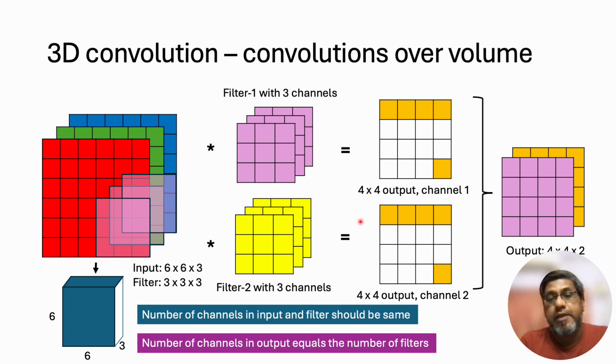However, for the sake of illustration, I've shown only 2 filters and therefore only 2 channels in the output. But in practice, the number of channels in the output is usually more than the number of channels in the input. That means the number of filters that we use will usually be more than the number of channels in the input image.